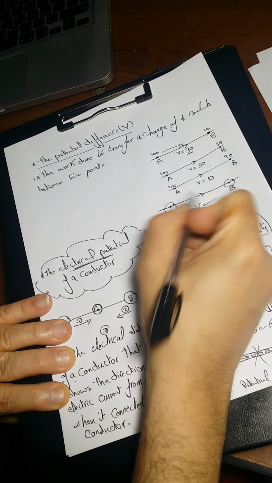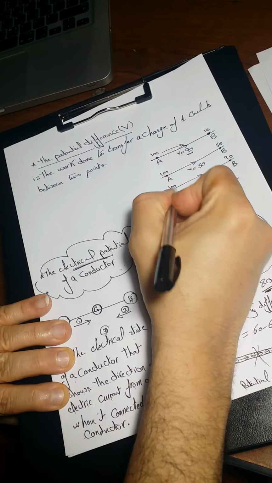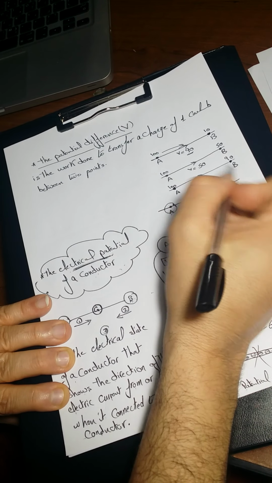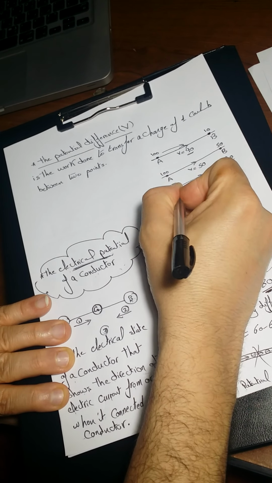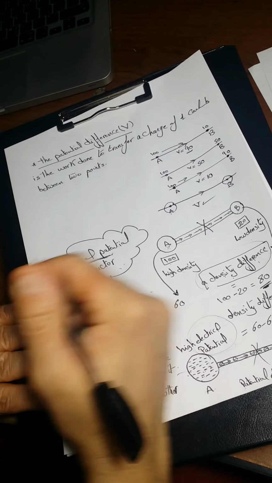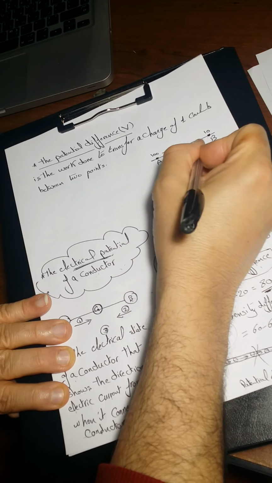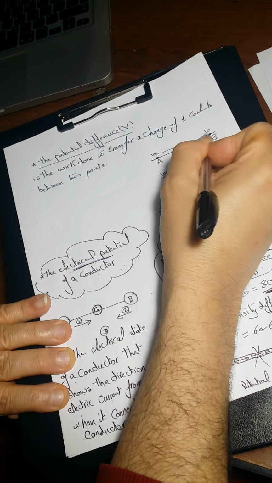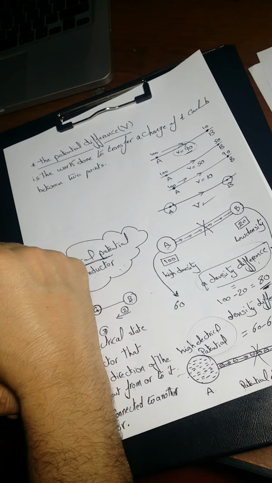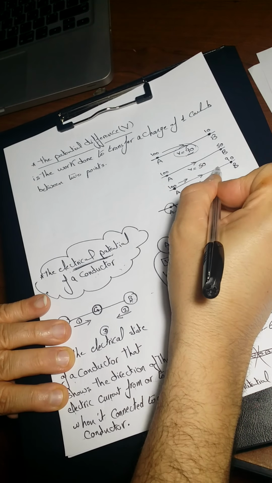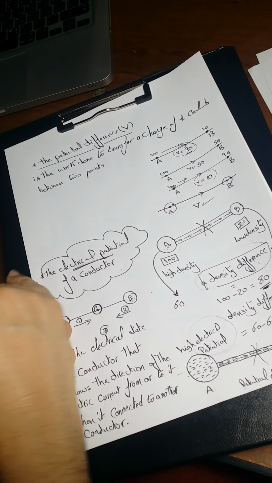But here, the electrons will move from point A to B, but because the difference between A and B is not too much, they will not exert more effort. They will not do more work. So in this wire, if I saw that the electric charges are exerting more work, it means more potential difference. If the electric charges are exerting less work, it means less potential difference.